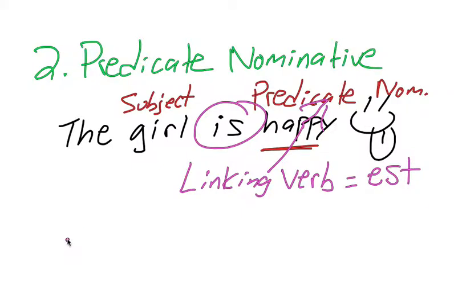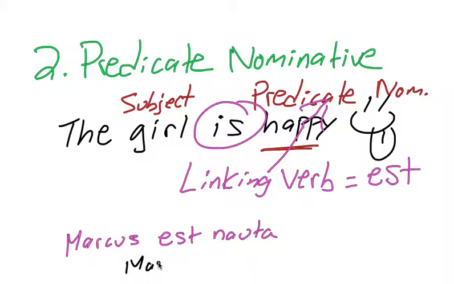So here's an example of a predicate nominative in Latin. Okay, Marcus is a name. It's a very common name in Roman times. There are lots of dudes named Marcus. So Marcus est nauta. Okay, and so this sentence would be Marcus is a sailor.